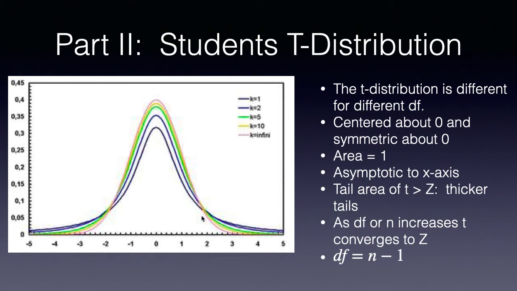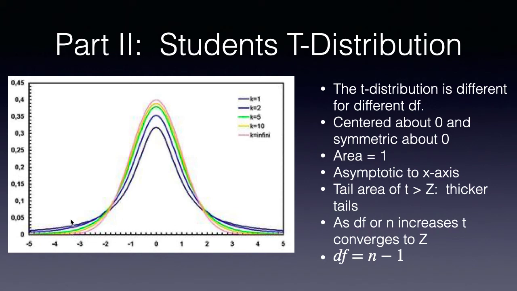And as we can see on both sides, no matter what happens, the t distribution is also asymptotic to the x-axis. And we can also see, notice this top curve right here, our standard normal distribution, that all the t curves right here are actually thicker. They're thicker in the tail.